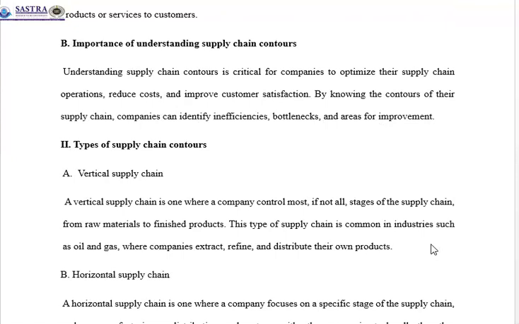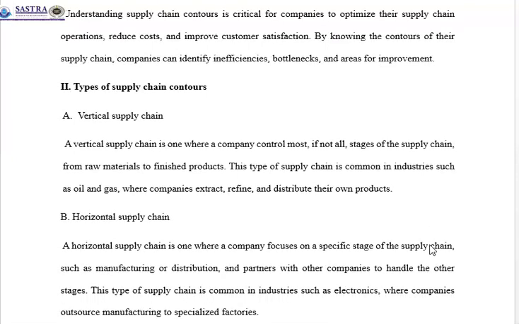Next is the horizontal supply chain contours. The vertical supply chain, we already discussed, is mostly used in the distribution of oil and gas. Then the horizontal supply chain.